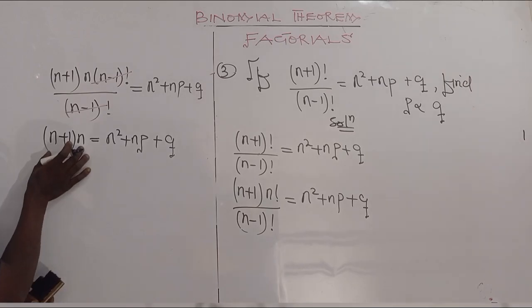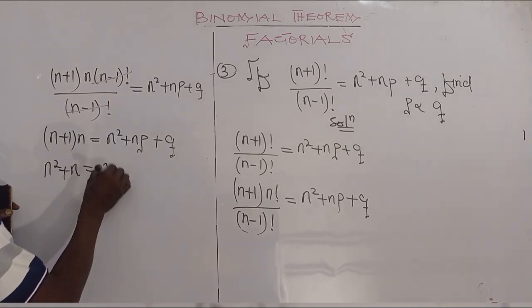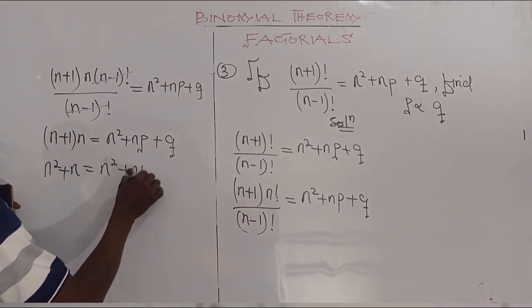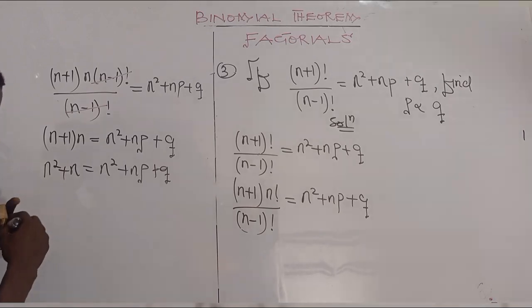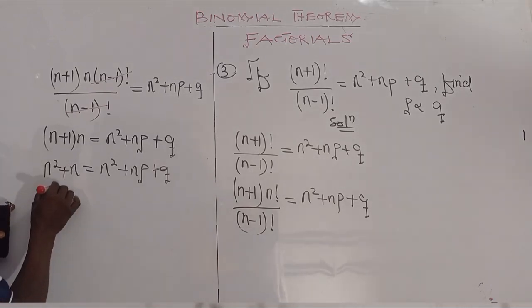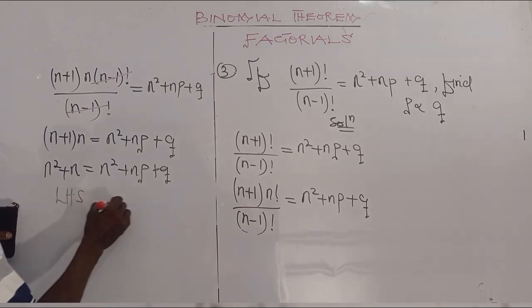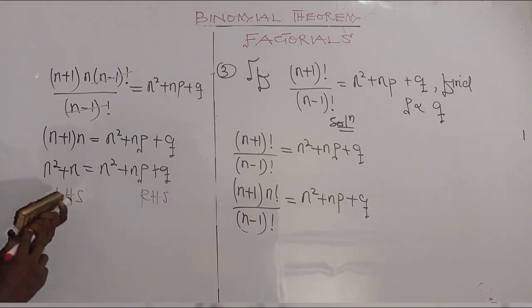And this is equal to n squared plus np plus q. Let's expand the bracket. So we have n squared plus n is equal to n squared plus np plus q. Now let's compare the left hand side and then the right hand side. We are going to compare the coefficients.